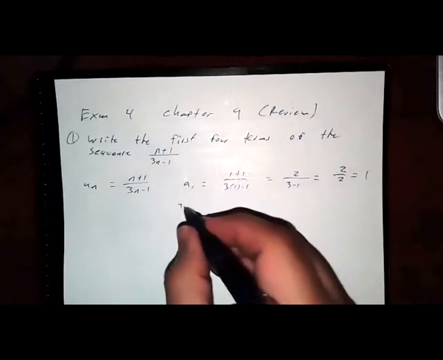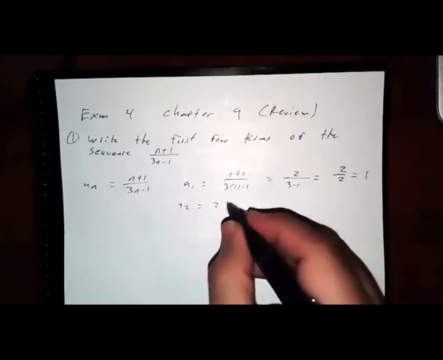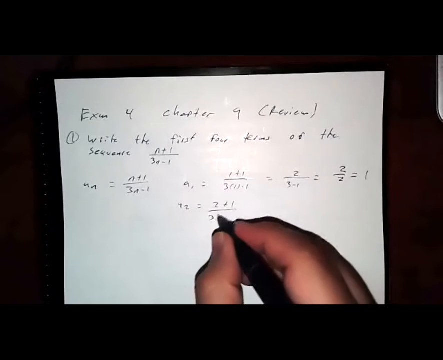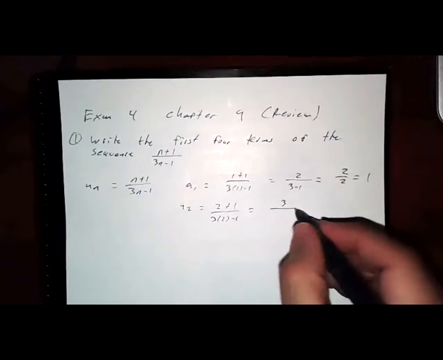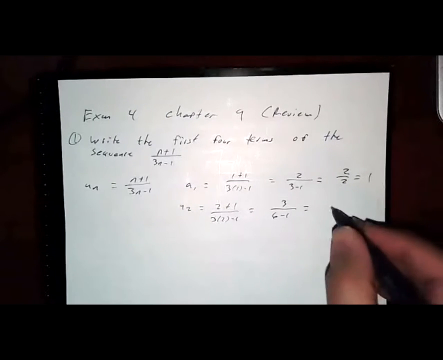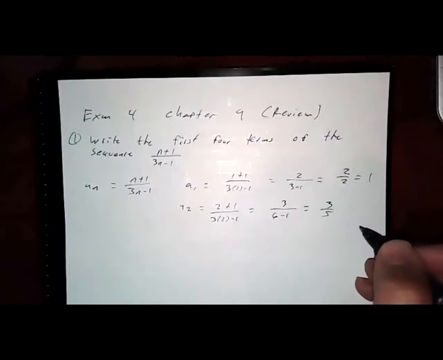Okay, so now do a2. So that'll be 2 plus 1 over 3 times 2 minus 1, which would be 3 over 6 minus 1, which is 3 over 5.